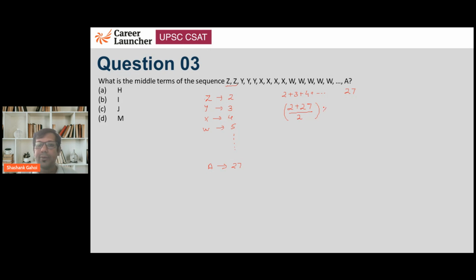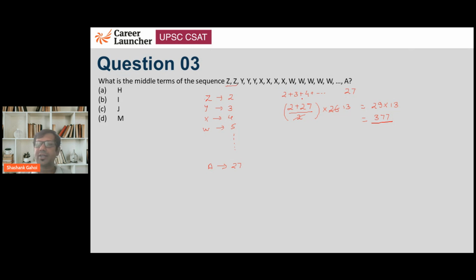If I multiply it by the number of terms, I am going to get the sum, and that is the total number of terms. That is 13. So I am going to get 29 into 13. That is going to be 377. Okay, so there are 377 terms in the sequence.